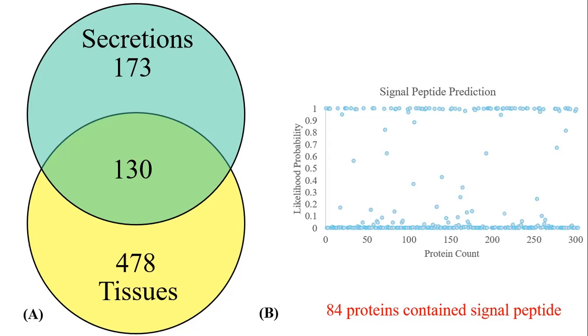And so in order to parse through this information and find out what was useful, I did TargetP analysis. Basically that will tell you which proteins have signal peptides. Signal peptides give a message that the protein in question needs to be secreted.